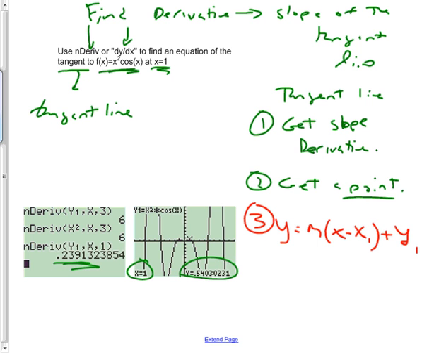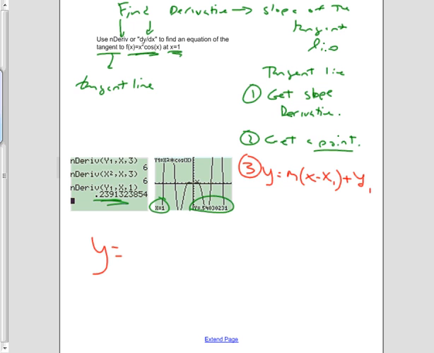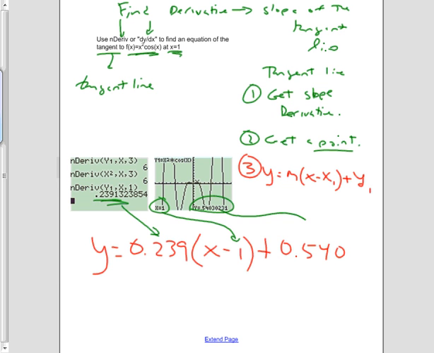So our tangent line would be y equals 0.239, rounding to 3 decimal places, times (x minus 1) plus 0.540. Just to illustrate where these come from, this here, this there, this from there. And what I can do now is graph the tangent line on top of my function, just to illustrate how well the tangent line's working.